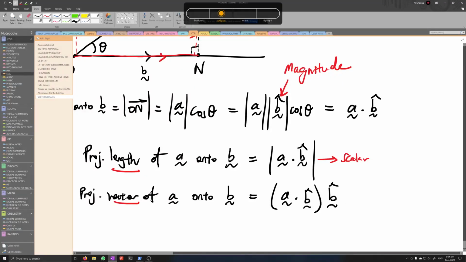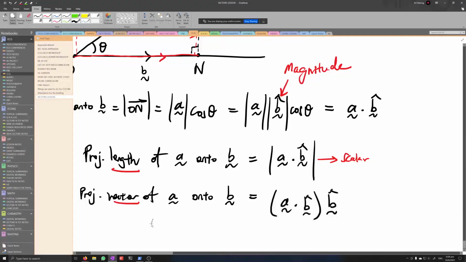Okay. Remember, here we're finding a projection vector. That means on the right hand side, this entire thing needs to be a vector. So we know that here we have a unit vector of B. So that's the vector component. Meaning that whatever is over here in front is the coefficient, the scalar multiple of the vector.